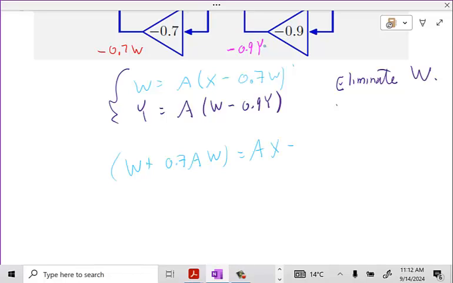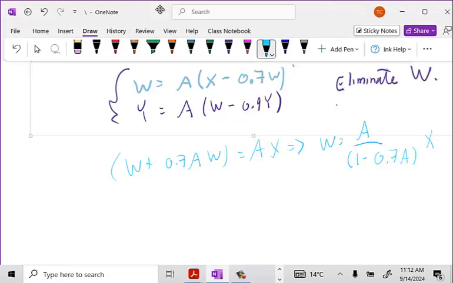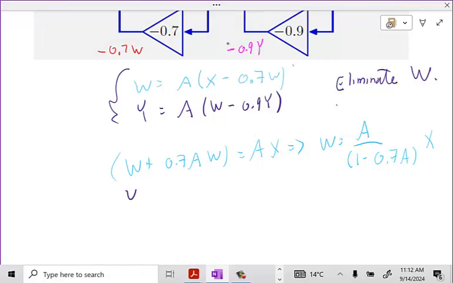And that gives me W equals A times X. Now these operations commute, so I don't really have to worry about how I write this. Then the purple equation gives me a very similar equation for Y in terms of W. It's going to be Y plus 0.9AY equals AW.